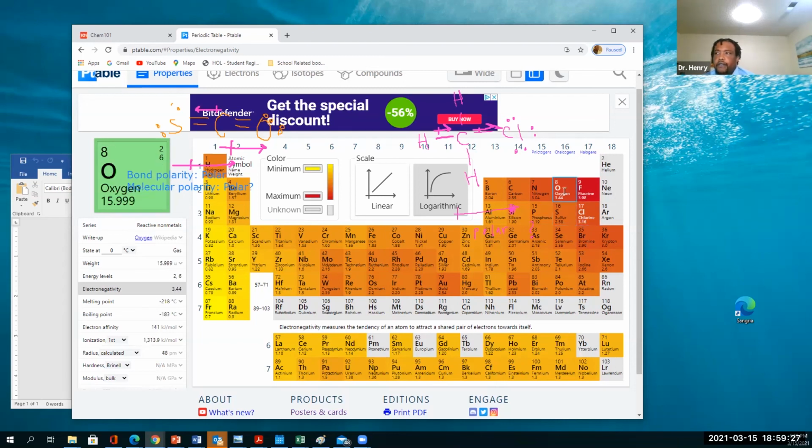So in the case of oxygen compared to sulfur, oxygen is 3.44, and sulfur is 2.58, right? So oxygen is clearly much more electronegative than sulfur. It's almost a full point more electronegative. So sulfur is just a little bit more electronegative than carbon. You guys see that?